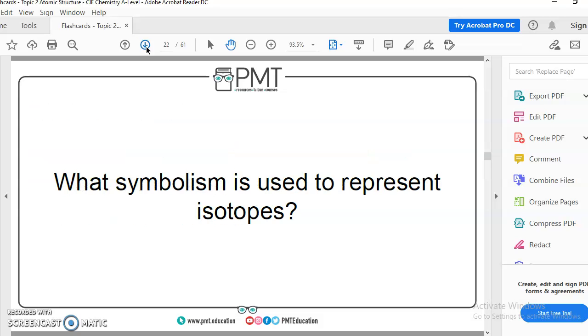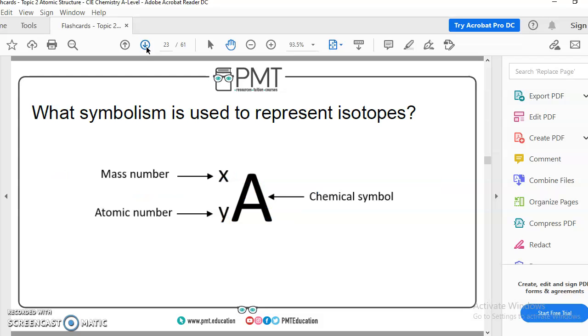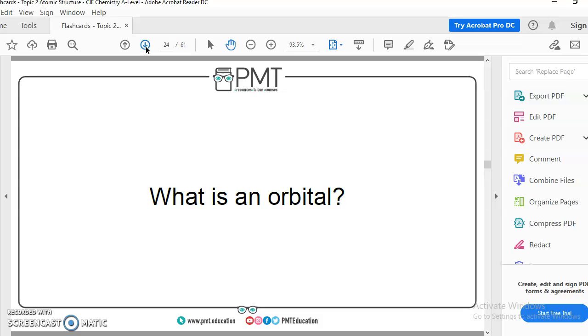Which symbols are used to represent isotopes? Whatever the element is, we have its particular symbol, and the atomic number and mass number can be represented in any way.